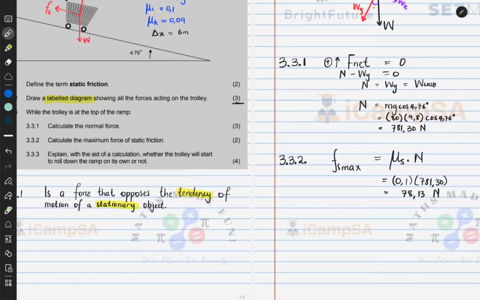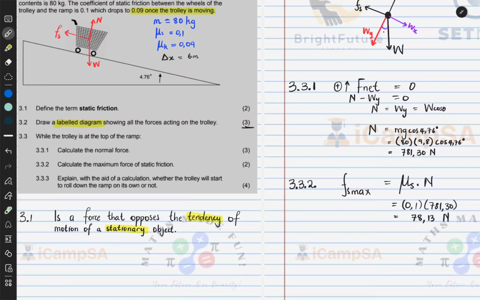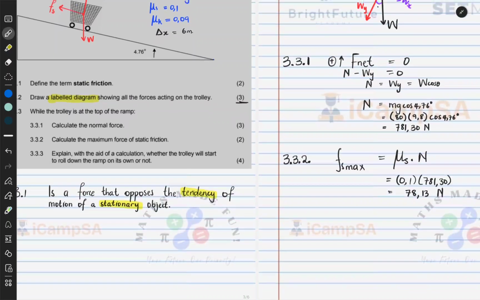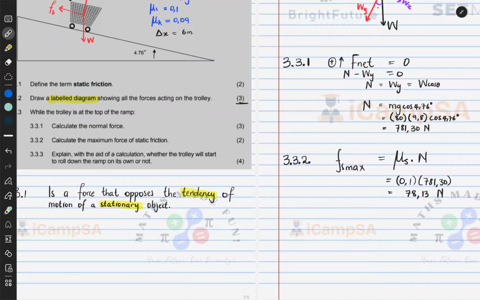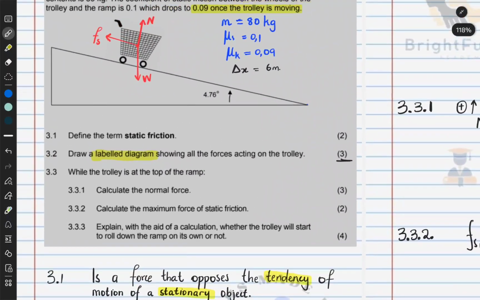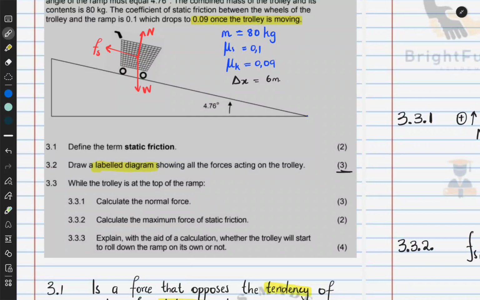3.3.3 says now we have to explain with the aid of a calculation whether the trolley will start to roll down the ramp on its own or not. So here the thought process is this. They wanted to check if you understand what happens for the trolley to actually roll down.